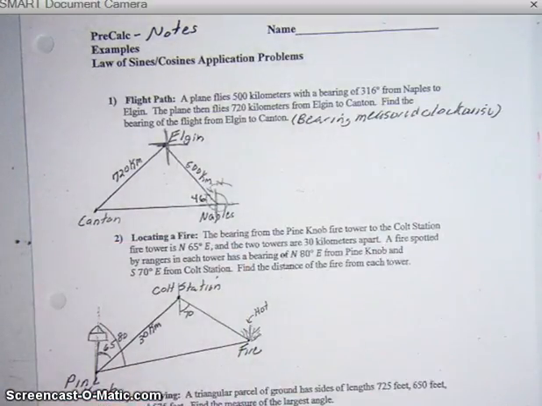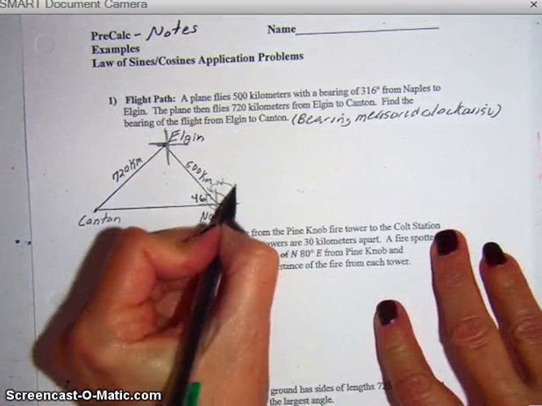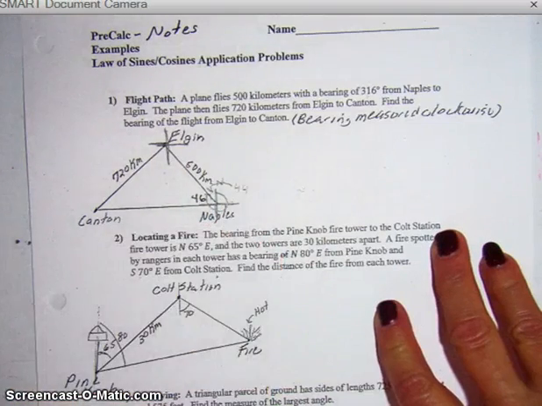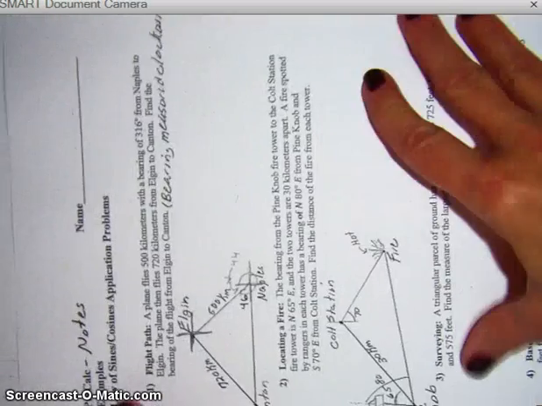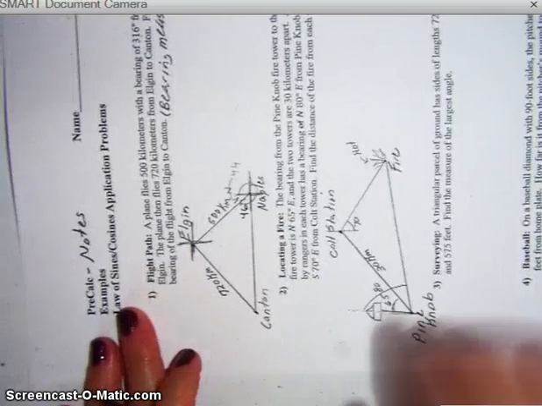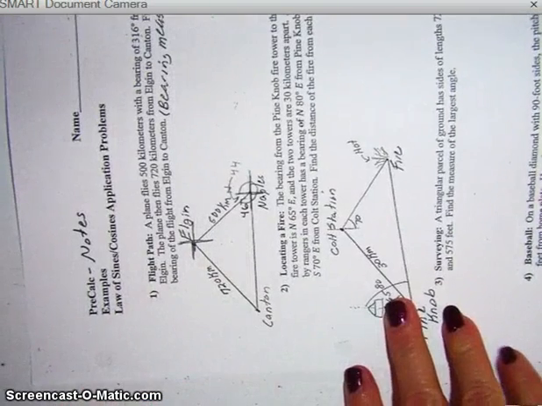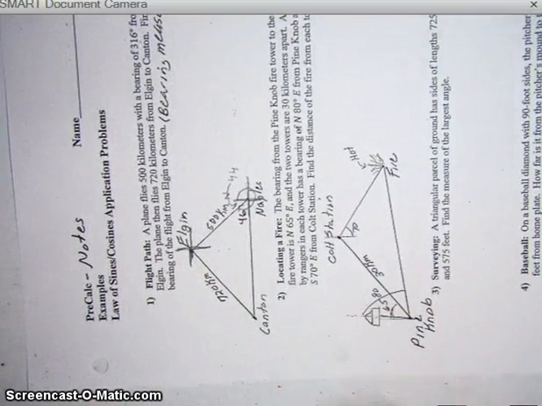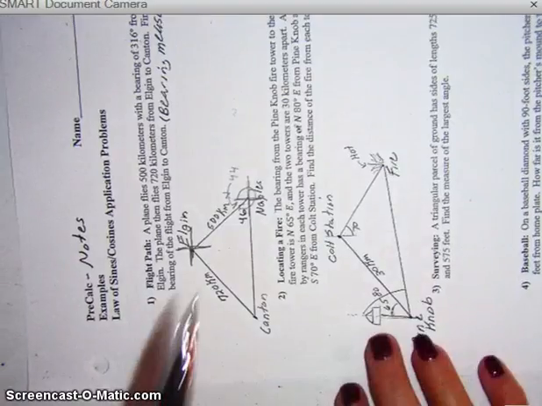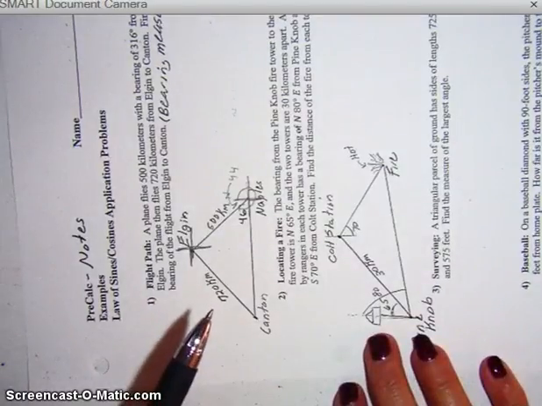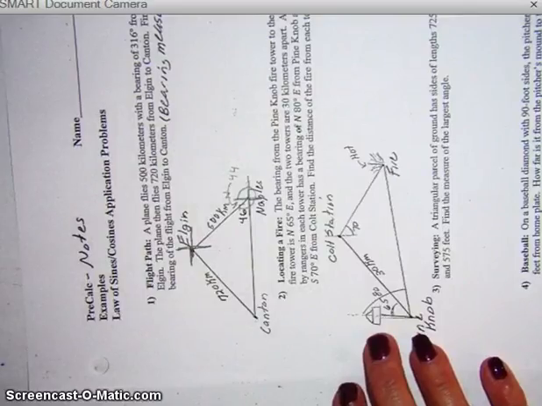So 90 minus 46, 44. If I turn my picture this way, anybody know why I wanted to find that 44?